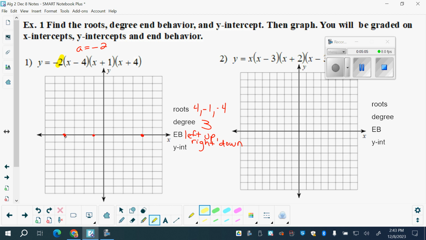So we have y equals -2 times 0 minus 4, times 0 plus 1, times 0 plus 4.